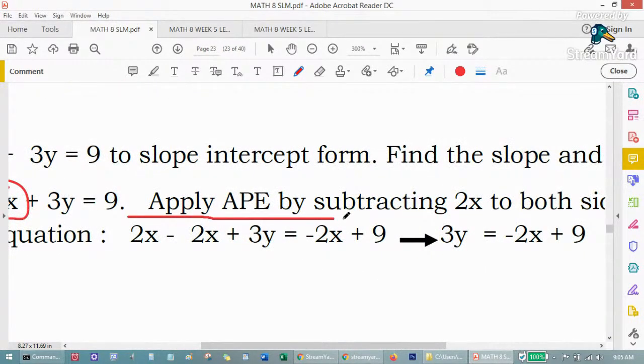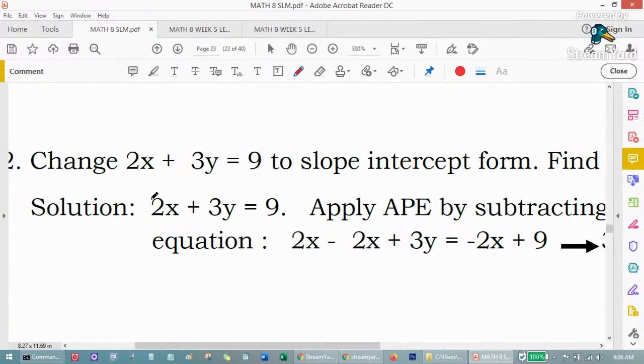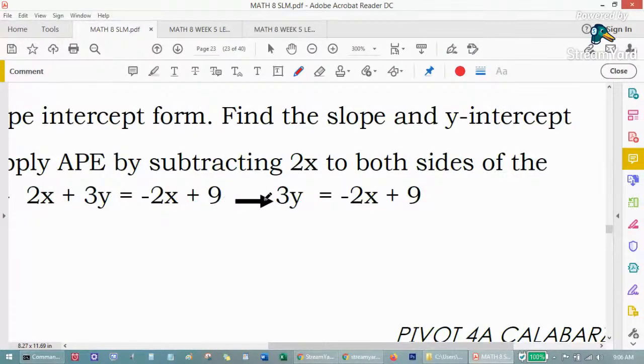Hindi na natin gagawin ang mahabang step, but we will go straight to the transposition. Yung positive 2x, bago natin ilipat, kopyahin muna natin ang 3y. 3y is equal to 9.